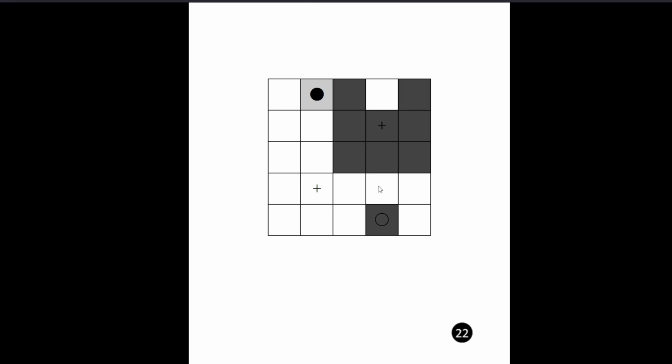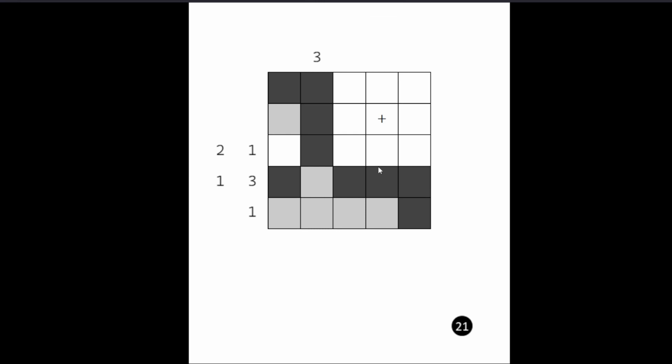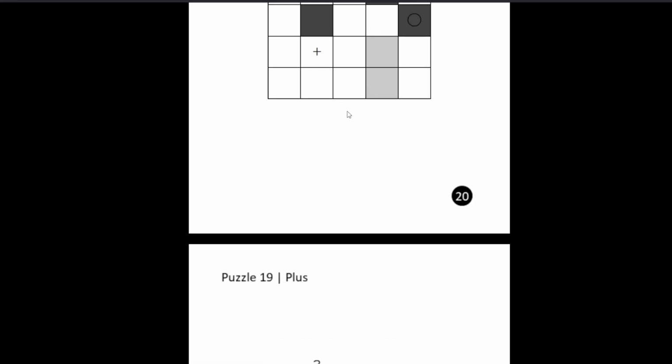So either vertical mirror symmetry or horizontal line of symmetry or diagonal line of symmetry, right? But it probably has to be a black shape. I guess I could try that.